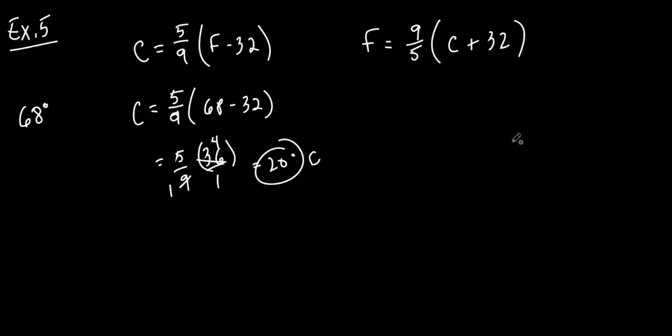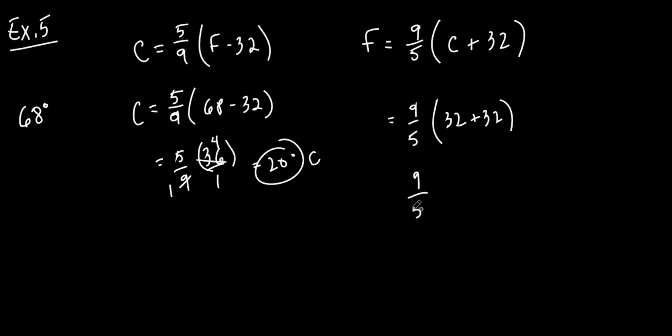Give me a Celsius temperature where you think it might be. What do you think would be a hot summer day in Celsius? 32? All right, let's put 32 in here and see if it works. So 9/5 times 32, plus 32. All right, so what's that? 64.